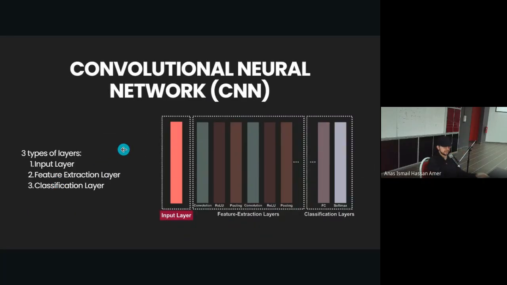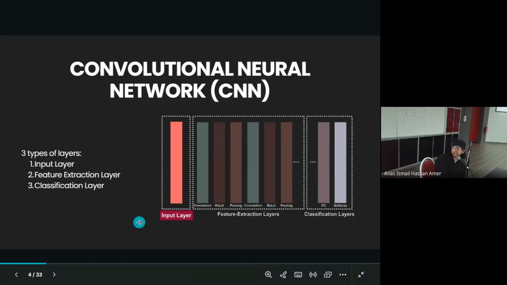Okay, so as I described, there are three main parts. They can also be just classified into two. Basically, the input layer can also be considered a feature extraction layer. So the input layer here will just process the incoming image, and then the feature extraction layer will do most of the processing, which also has the convolutional layer, which is this one, convolution.